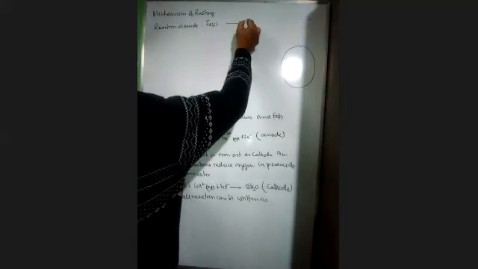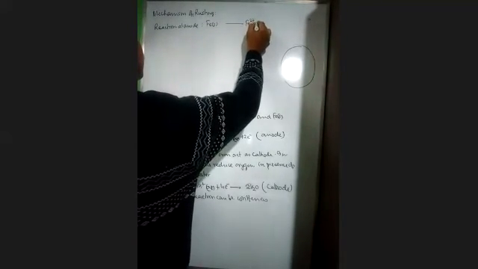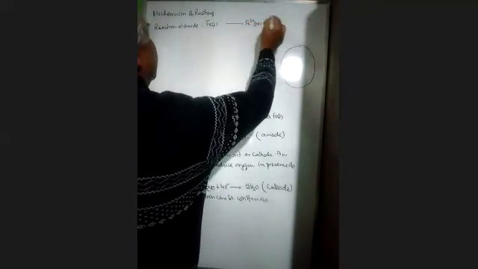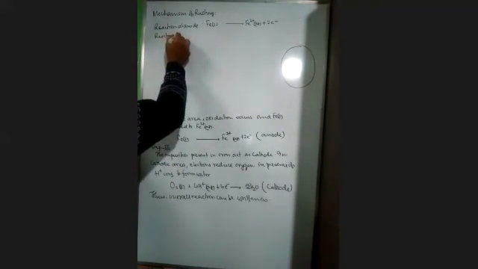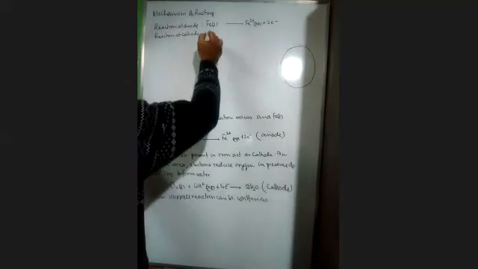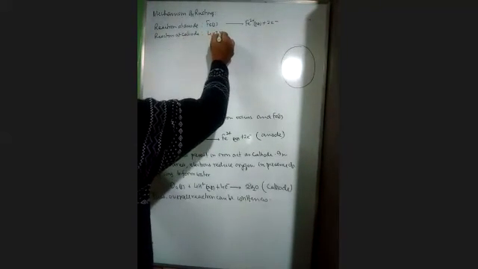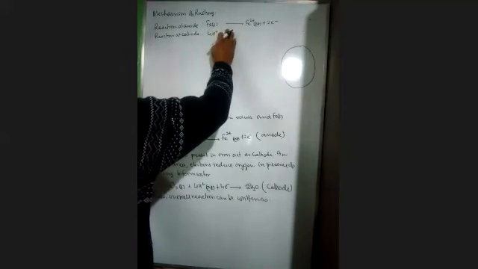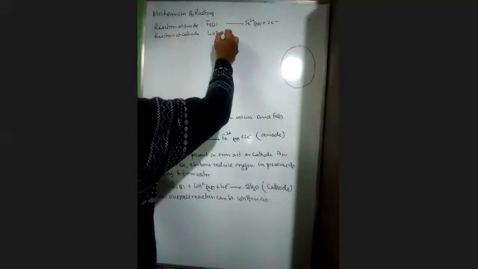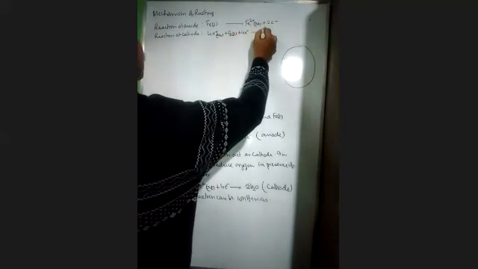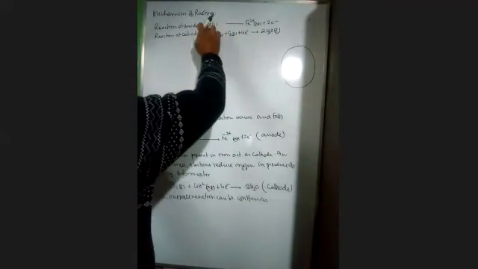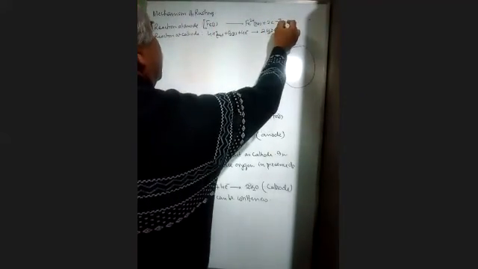Fe(s) gives Fe2 plus aqueous plus 2 electrons. Reaction at cathode: O2(g) plus 4H plus plus 4 electrons gives 2H2O together. See here this is 4, so I have to multiply this equation by 2.